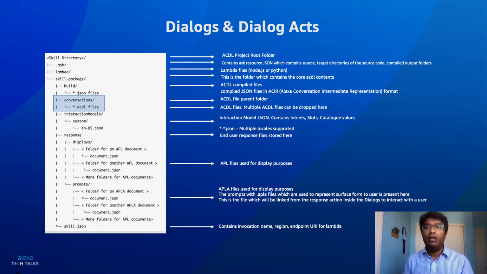And the interaction model data, based on your locale, whether US or GB, will reside under the interaction model folder. Once you develop your ACDL file and your APLAs, which are used for the response prompts, and whenever you're ready, you will first run the ask compile command, which will give you all sorts of validation errors upfront, by line number, error type, and error message.